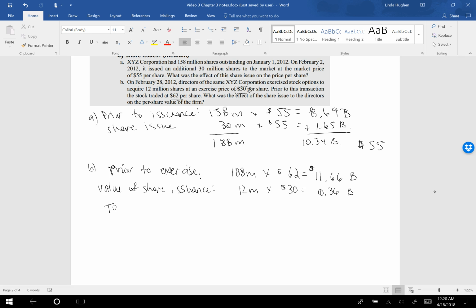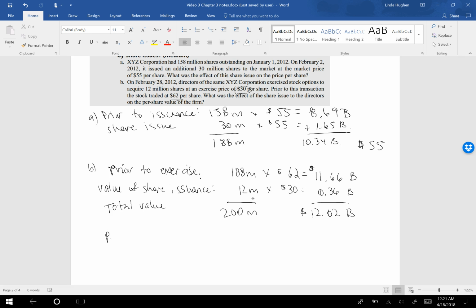So the total value after exercise is $12.02 billion, based on 200 million shares.